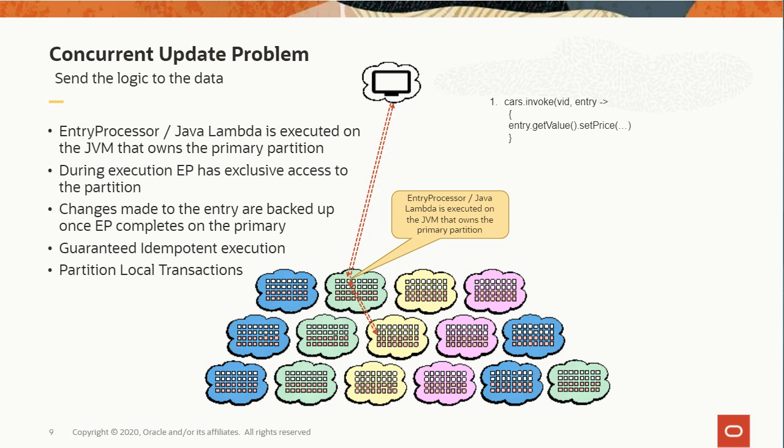We guarantee idempotency of this, and we also have a feature called partition local transactions, whereby one client invocation can modify multiple key value pairs in the same partition as a transaction. So it's a lighter weight, faster executing transaction model than, say, XA distributed transactions. And we'll see an example of an entry processor written in JavaScript a little bit later.